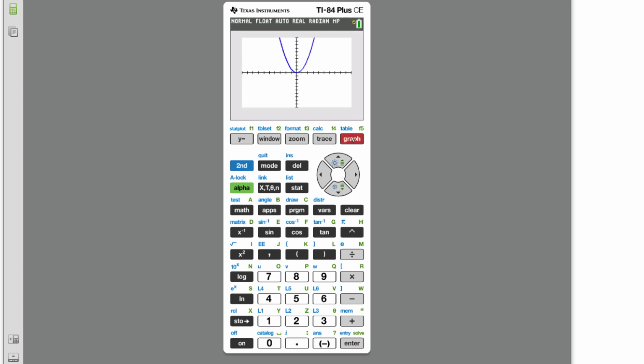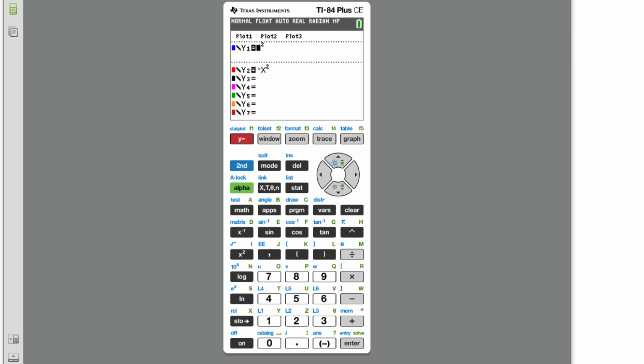Well, it's going to reflect across the x-axis. So now let's make a combination of all these. Let's make -2 times x plus 2 to the second minus 3. Let's see what happens when we graph it.